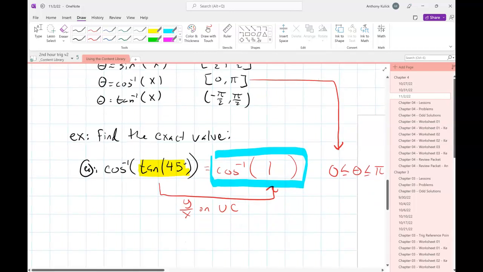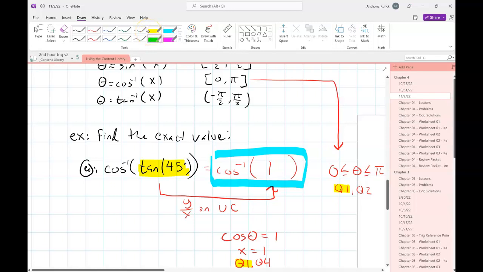Okay. So cosine inverse of 1 is the same thing as looking for cosine theta equals 1. So the x is positive in quadrant 1 and quadrant 4. Here, the angles from 0 to pi are covered by quadrants 1 and 2. Where am I looking then? In just quadrant 1.